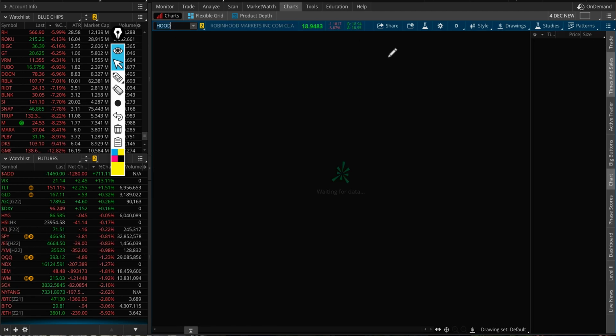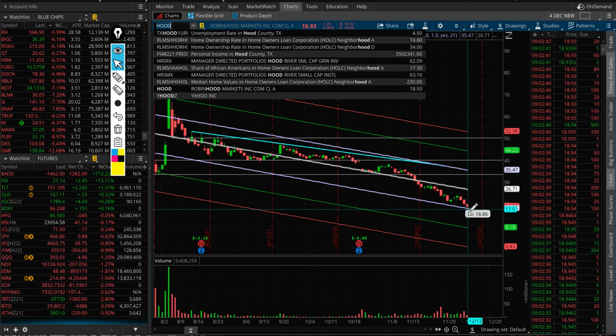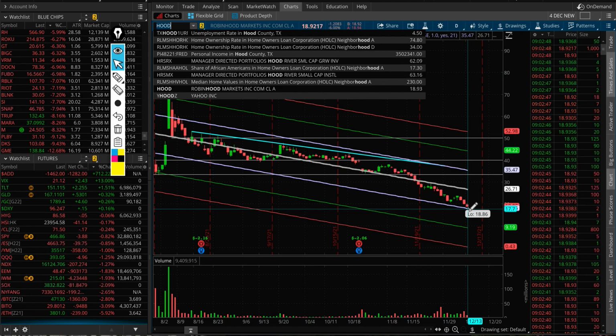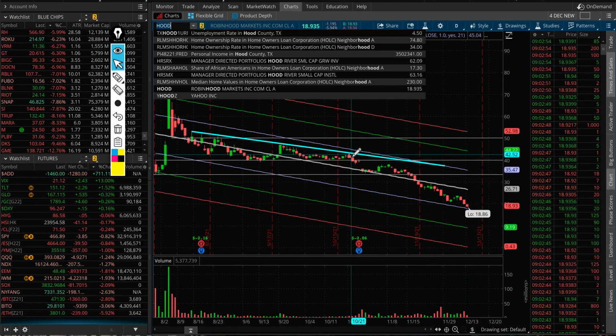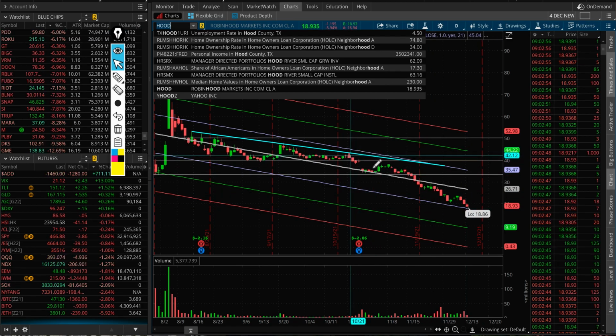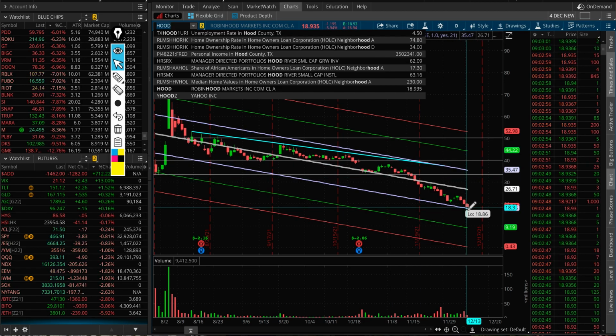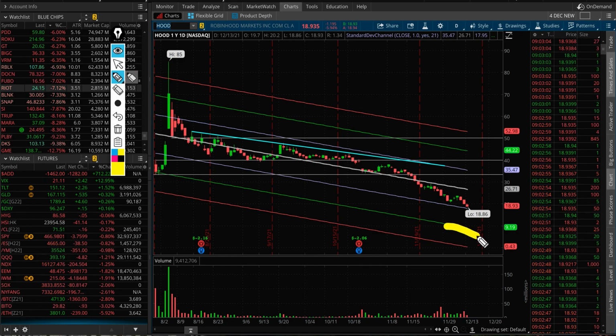If you go back to Hood, look at it. One standard deviation move at the moment would be $17.70. So that's the support I'm watching for Hood. After earnings it started to bounce, maybe a 1.5 standard deviation move, but a 2 standard deviation move would take it to $9.19.